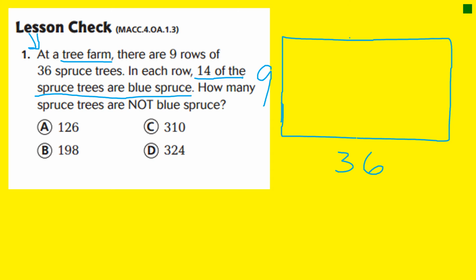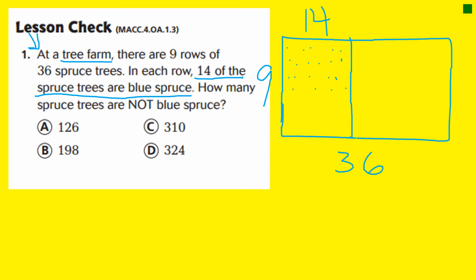So I'm going to put a line right there. I'm not doing that very organized, but all the trees in those 14 rows are blue spruce. So 9 rows of 14 are blue. So they're saying how many spruce trees are not?